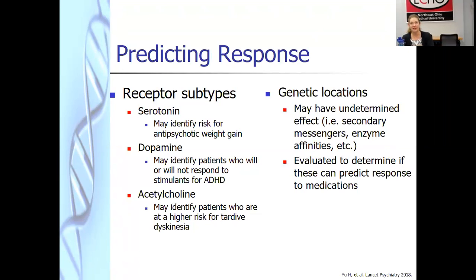There are other genetic locations that we don't have as clear an idea of exactly what they do. So we have a location, and they may be involved with secondary messengers, they may be involved with other enzyme affinities, they may be involved with thresholds, so how sensitive a neuron may be or not be.